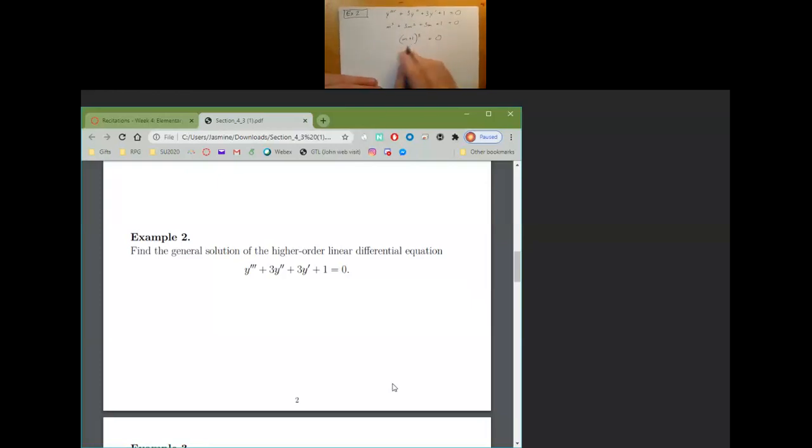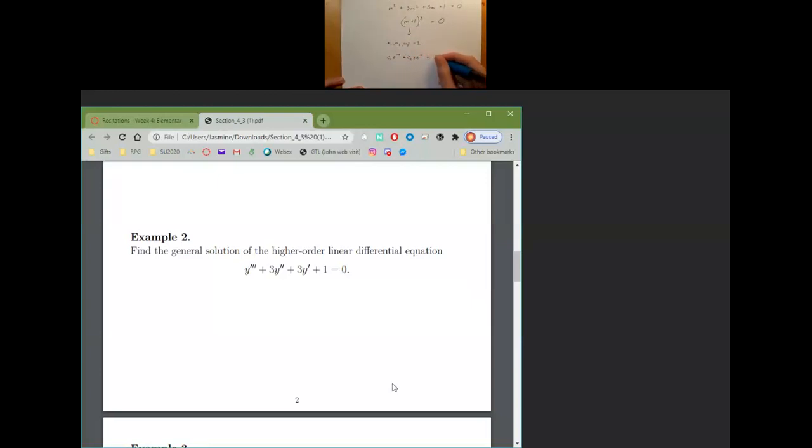So then we have this repeated root. This gives us m1, m2, m3, all equal to -1. Okay, so then the general solution looks like what? C1 multiplied by e to the minus x, plus C2 multiplied by x multiplied by e to the minus x.